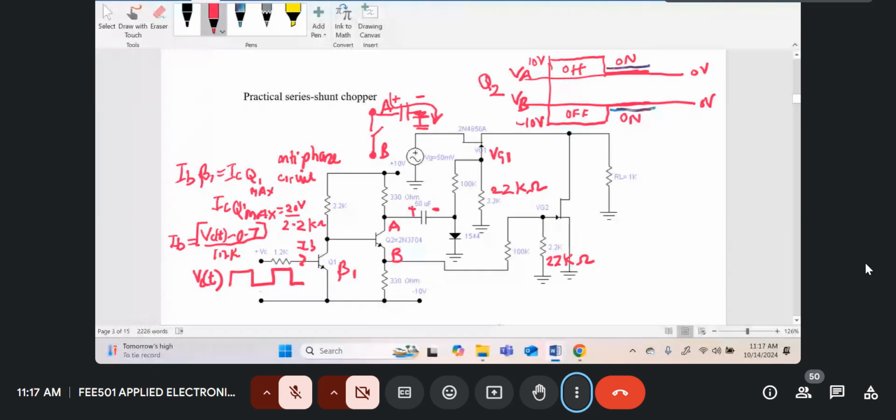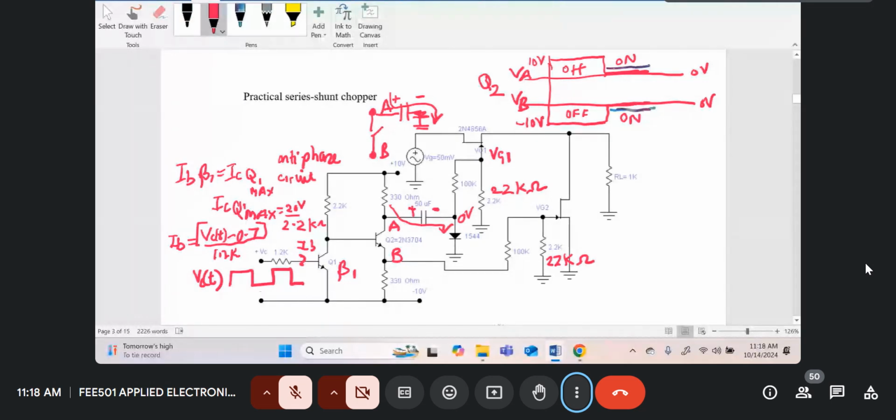The negative side of the capacitor is grounded through the diode 1N554. So initially it had charged through this circuit to the ground. So this potential here is approximately 0 volts. So when the device was off, that was the situation.